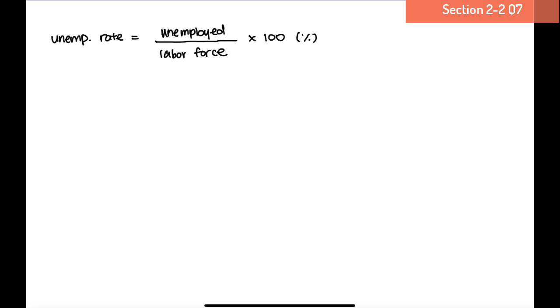And we know that the labor force is just the sum of unemployed and employed.